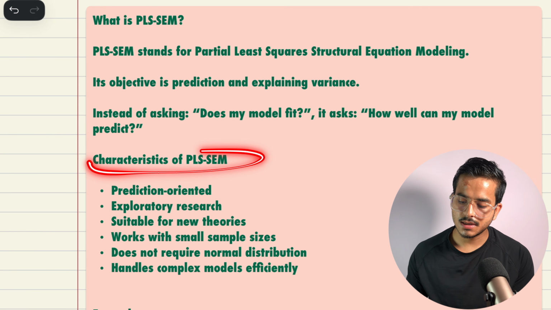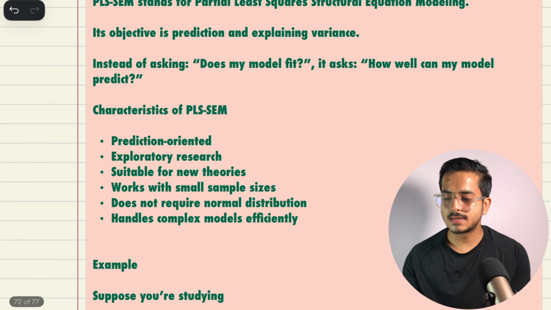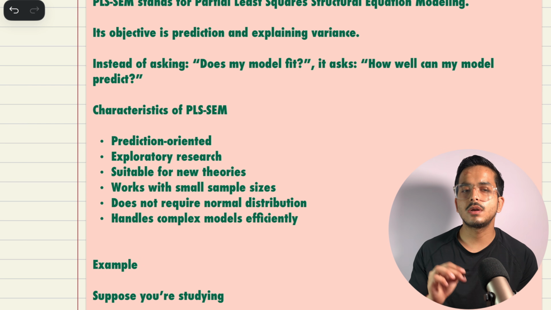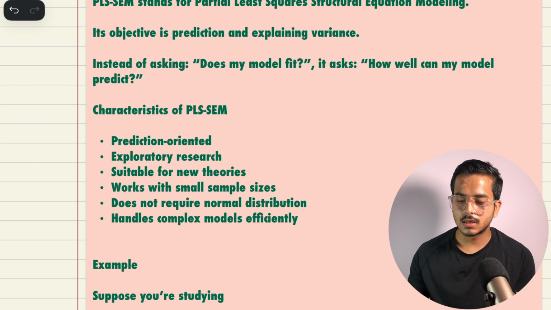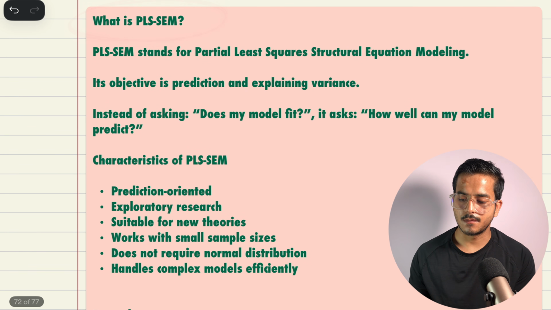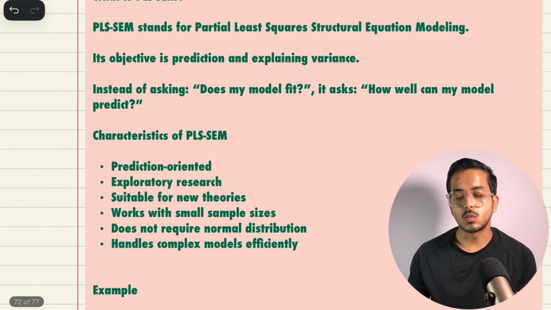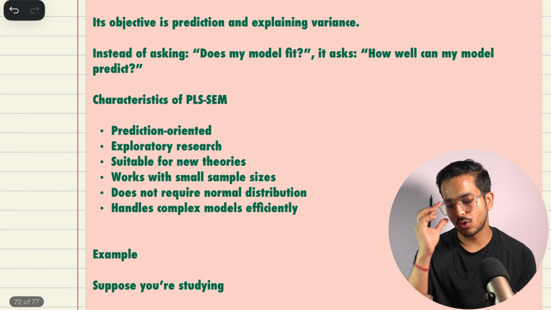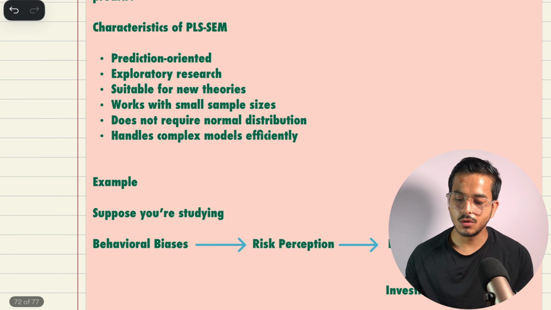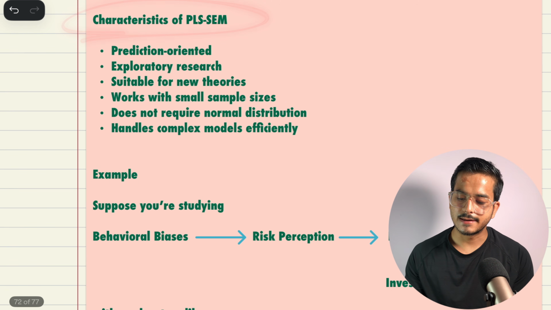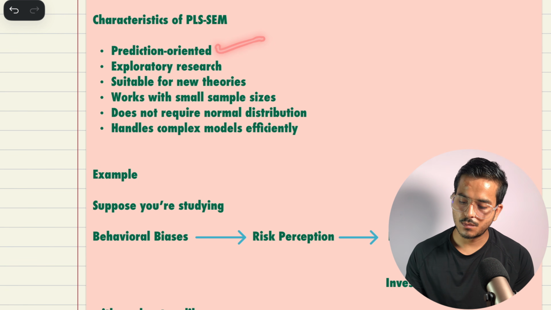Characteristics of PLS-SEM. This is just for the sake of an interview, or so you know what PLS-SEM actually means. But when to use it, that crux is coming further in this video. Characteristics of PLS-SEM: prediction-oriented, exploratory research.